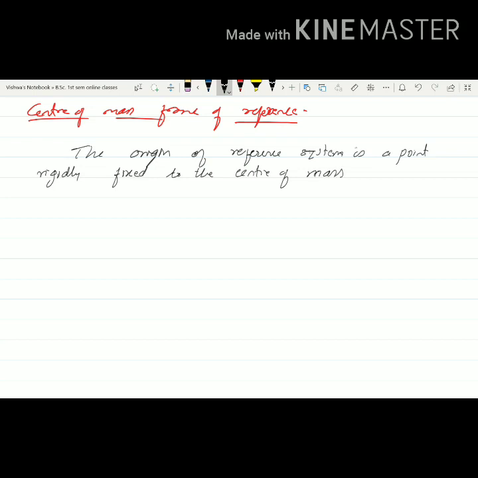Already I said what the center of mass is and what the position of the center of mass is. So that we call the center of mass frame of reference.